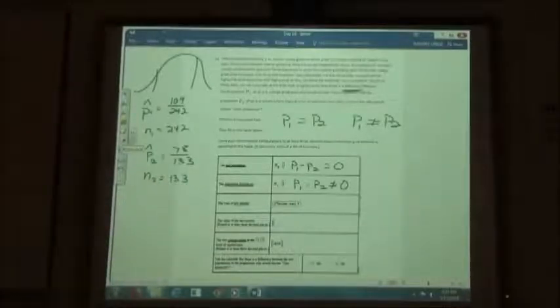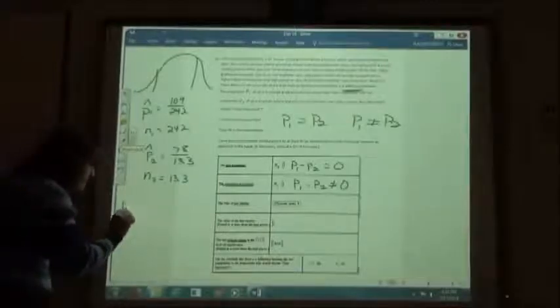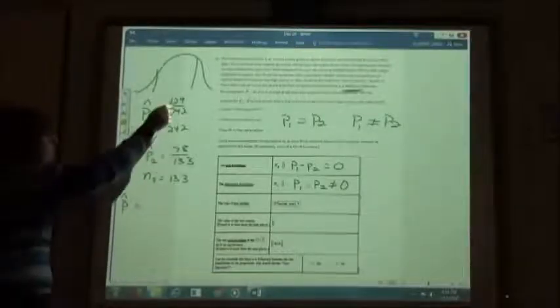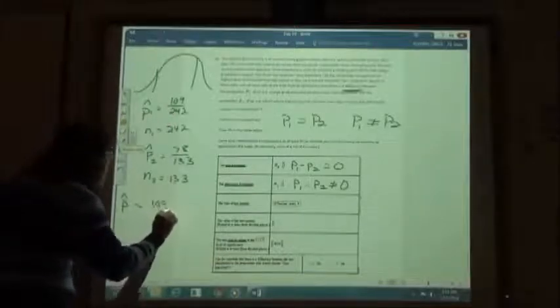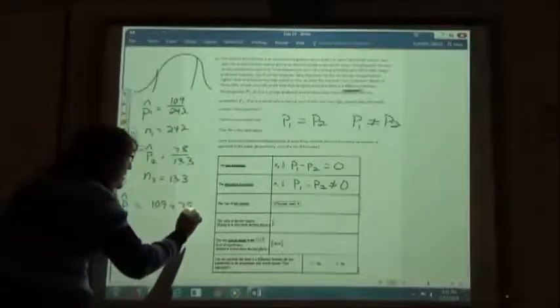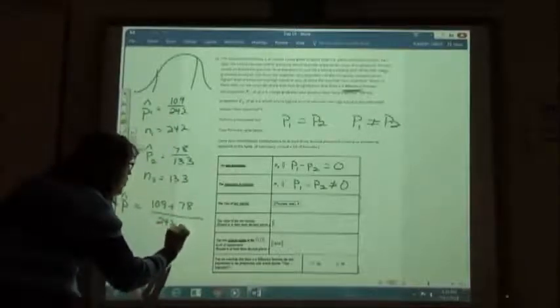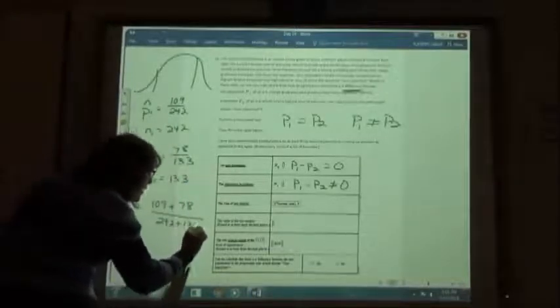So then we had to find just the plain p-hat, not P1 or P2. The plain p-hat value, we added the numerators together, added the denominators together, and figured out what our answer was. So my numerators, 109 plus 78. My denominators, 242 plus 133.